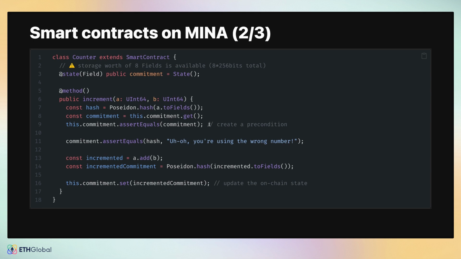So when there are 2 users creating the same proof using the same on-chain state, and one of their transactions gets in first, it will invalidate the second proof because both of these proofs were based on the same initial state, which is no longer valid. So that is a precondition. It is an additional validation for your off-chain proof.